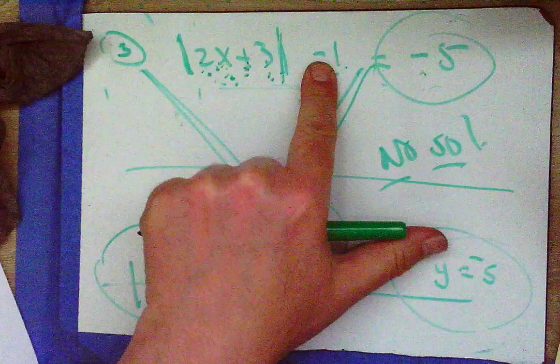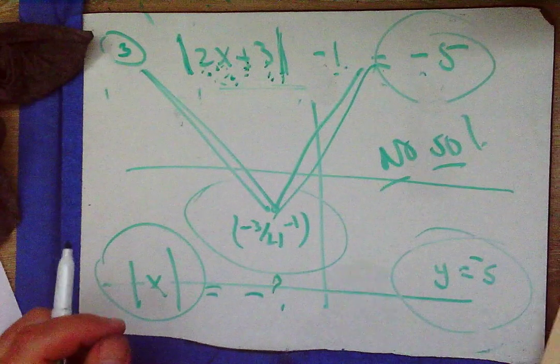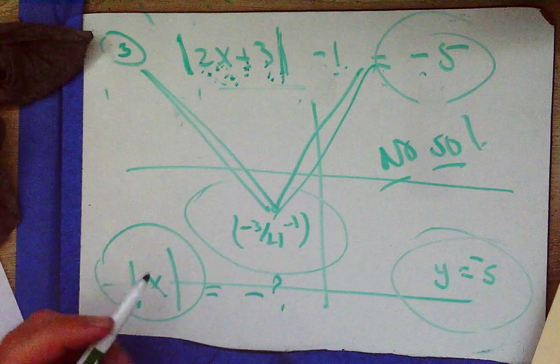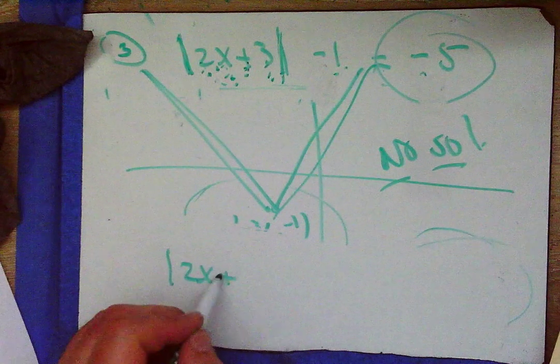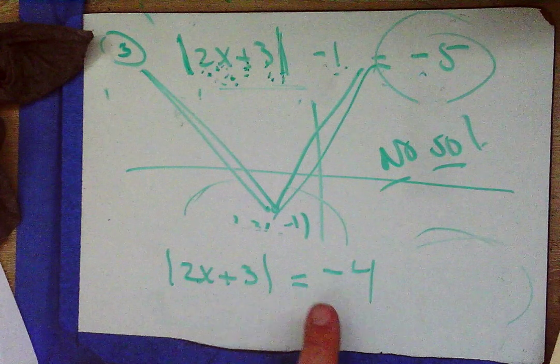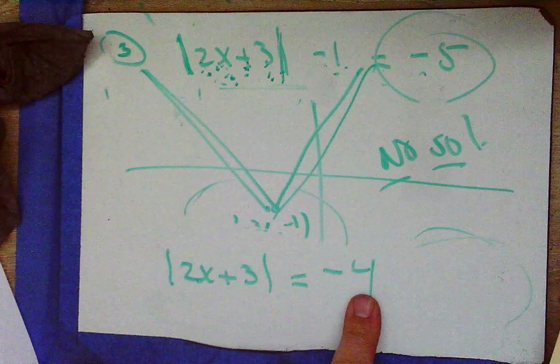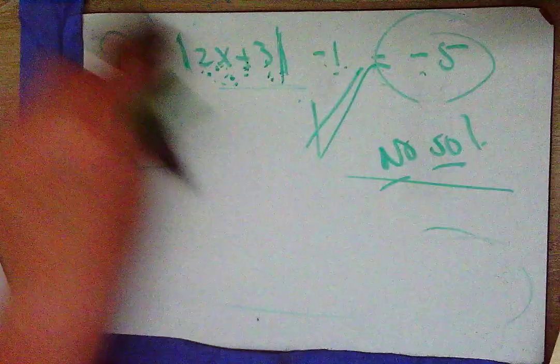So unless this is more negative than that, these things are never going to intersect. All right, so remember that intermediate step where we added 1 and we said 2x plus 3 equals negative 4? Absolute value can't equal negative. So I should know from here that it's not going to be the case. But you're more than welcome to go and solve it out. Just remember, you must check this.